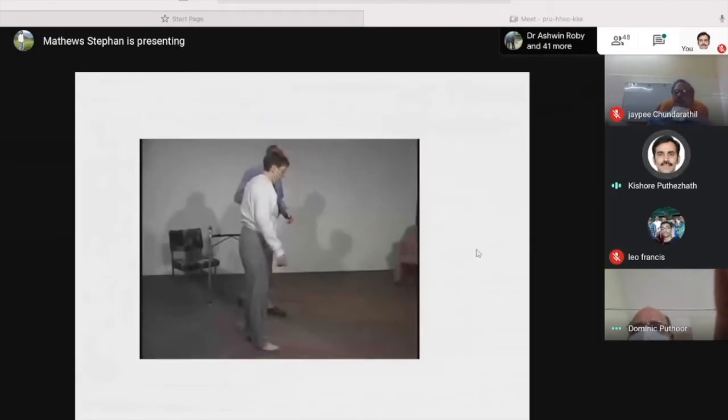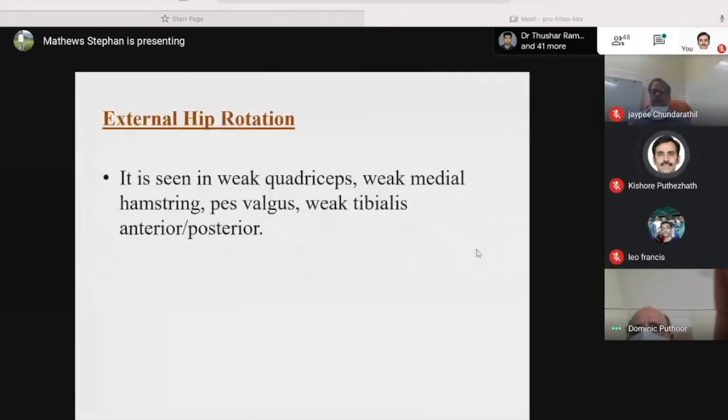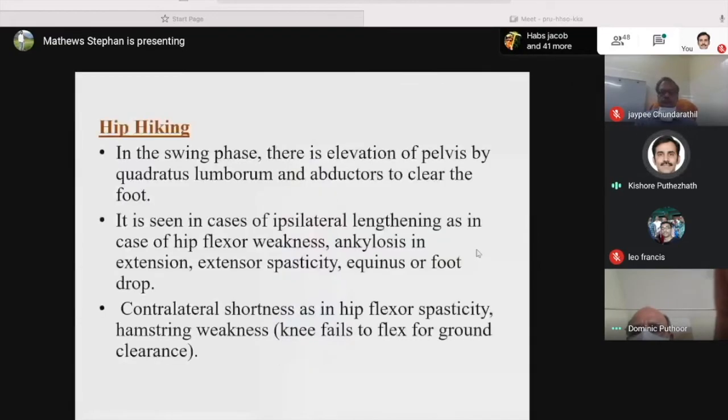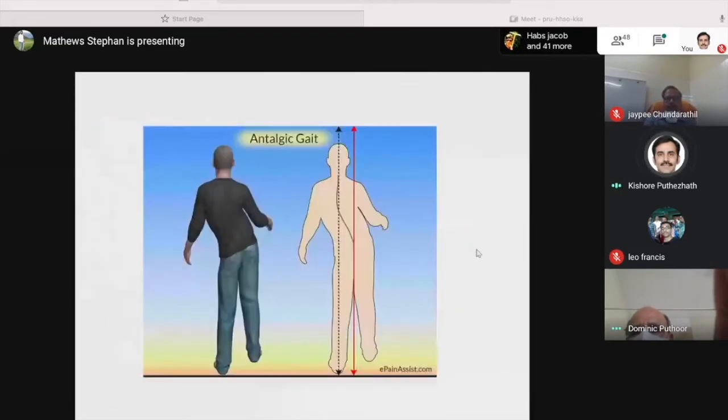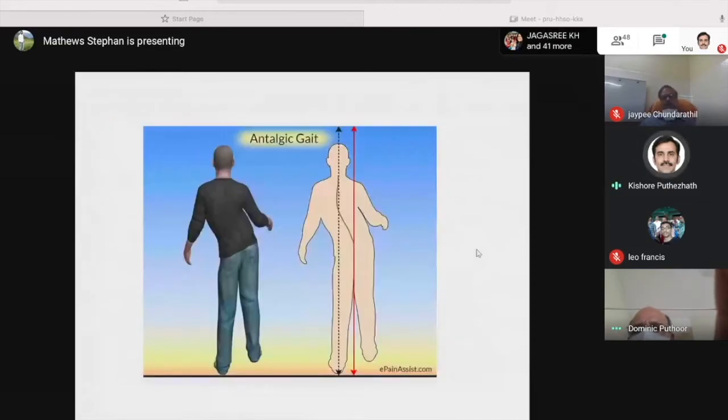So the answer should be, the patient is having pain when trying to stand on the disease side. So he will try to lift the diseased leg from the ground as quickly as possible by increasing the swing of the opposite side. Okay, so the disease side is taken off from the ground quickly. How? By increasing the speed of the swing of the opposite side.